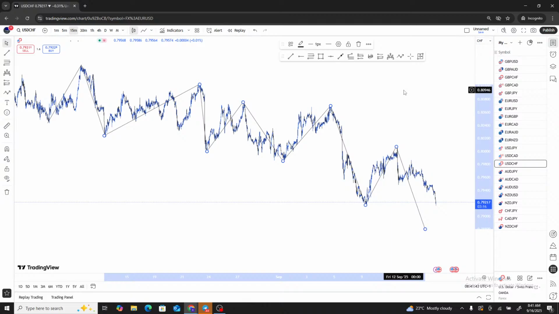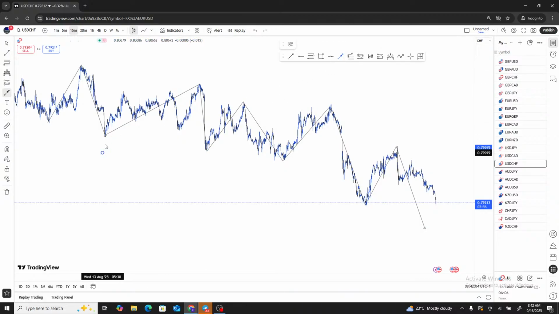An uptrend is when the market makes a series of higher highs and higher lows. A downtrend is when the market makes a series of lower lows and lower highs. It is called a lower low because each of the lows is lower. This low is lower than this previous low. This low, it is lower than this previous low. Even this one, lower than the previous low.